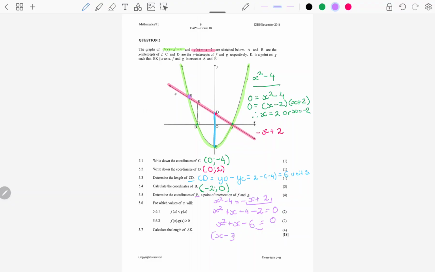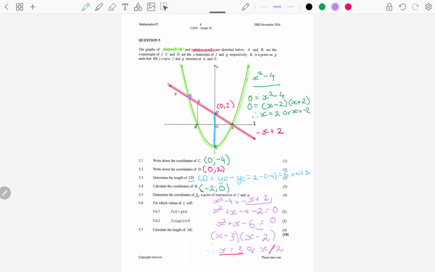So x minus 3 and x minus 2. Therefore, x can either be 3 or 2. Now, since we know D is (0, 2) and E is significantly higher as compared to D, it can't be x is equal to 2. Therefore, x has to be equal to 3.